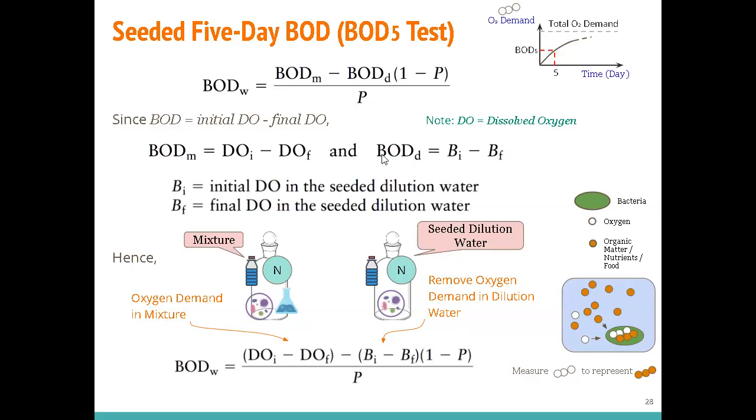Same unit, everything has the same unit, which is weight per unit of volume, weight of the oxygen per unit volume. Okay, so if we arrange or we place the terms inside, you will have these two and these two, which is coming from the seeded dilution water. These two is coming from the mixture.